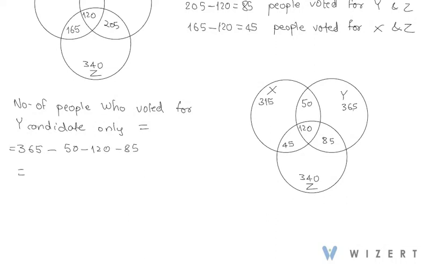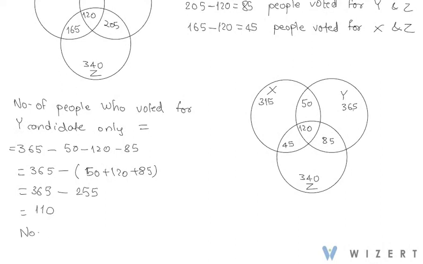Now that can be written as 365 minus (50 plus 120 plus 85). That can be written as 365 minus, 50 plus 120 is 170, 170 plus 85 is 255, and that gives us 110.